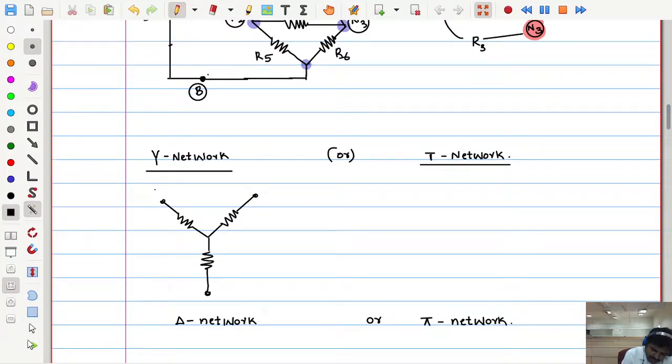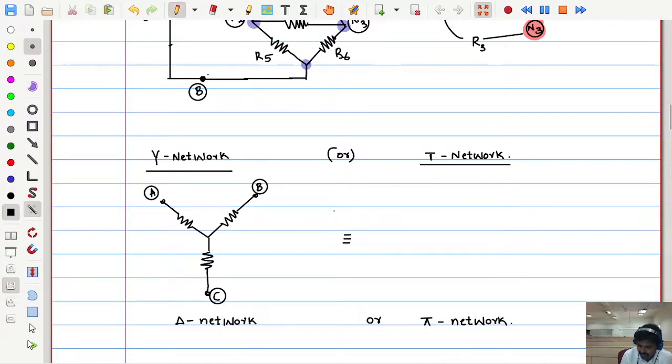So initially let me take some nodes. N1, N2, you may get confused with the already existing N1, N2. So instead of that, let me say A, B, C, three nodes A, B, C. Now can I reorganize this circuit a little bit in this way? Both are the same actually, equivalently the same.